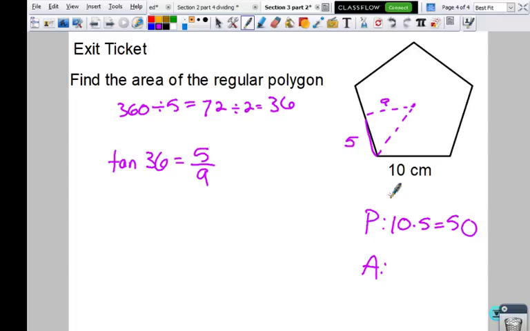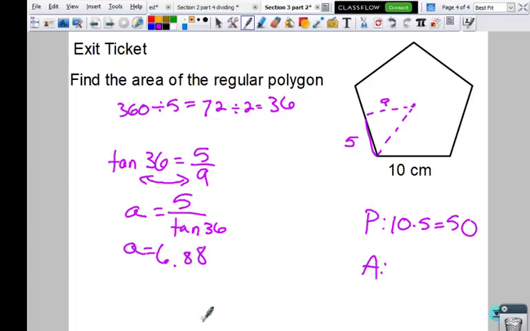All right, what do I got to do next? Switch tan 36 and A around. I'm going to go A equals 5 over tan 36. What do you get for A? Okay.